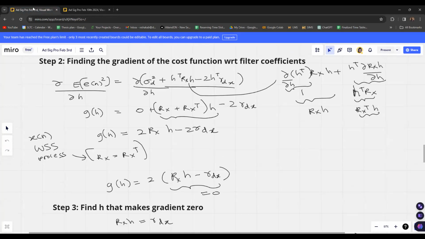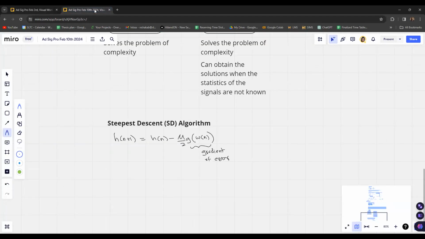We then try to find the error function with respect to the filter coefficients. Sorry, I have denoted this as omega in here. It should be h with the time n. Since the filter coefficients are varying with the time n, we always put that h in terms of n. The filter coefficients are given by h, that you need to remember.